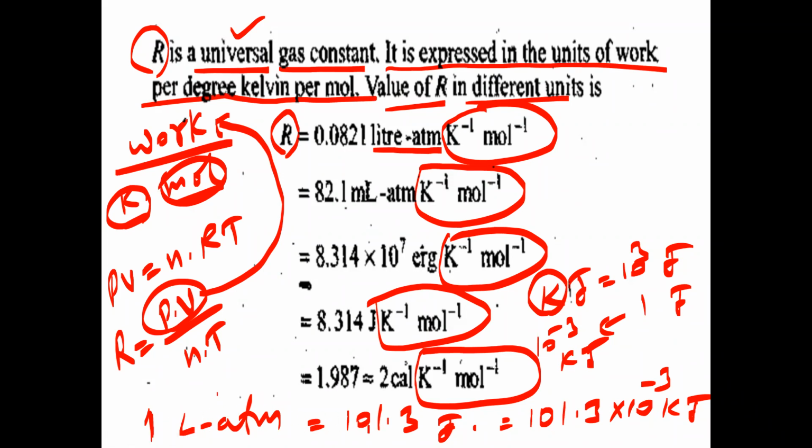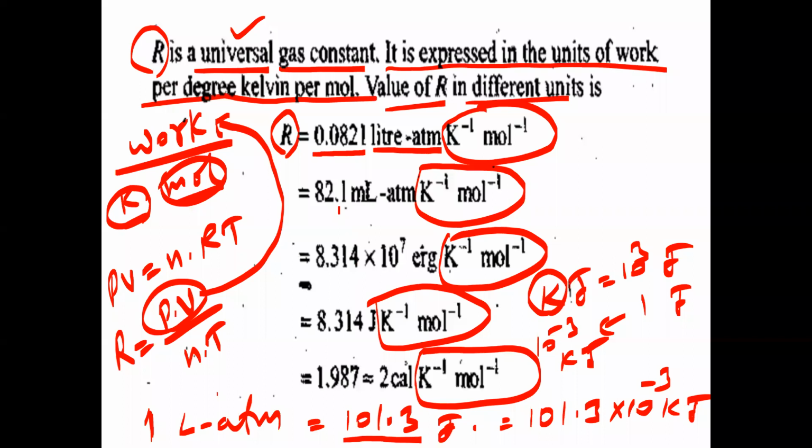So 1 liter atmosphere is equal to 101.3 joules. Mainly remember this value. Okay. So the R value in liter atmospheres is 0.0821.